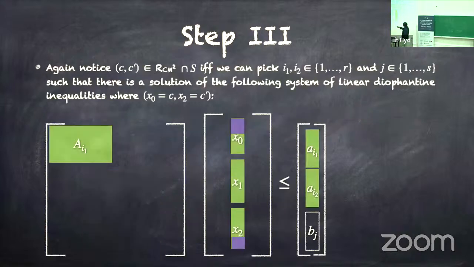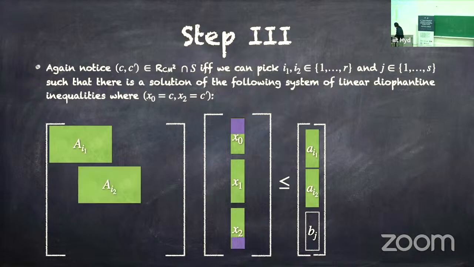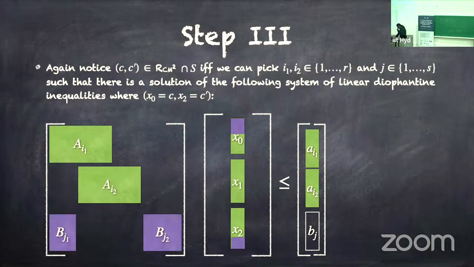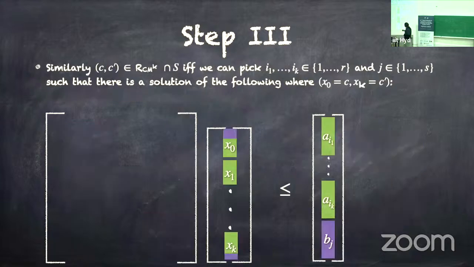Similarly, for CC prime being in RCM2 intersection S, you can pick I1, I2 such that AI1, AI2 have an overlapping block of D, and X0 is equal to C and X2 is equal to C prime is a projection of one of the solutions of this equation, where BJ1 and BJ2 is the BJ that we picked up.